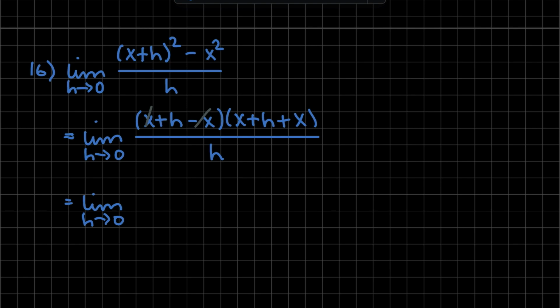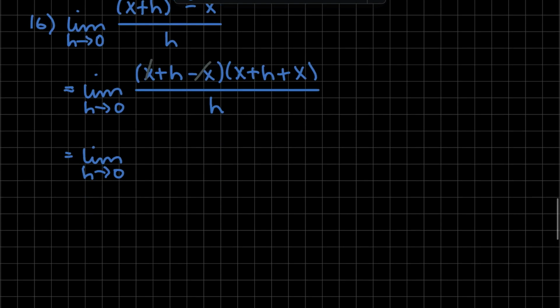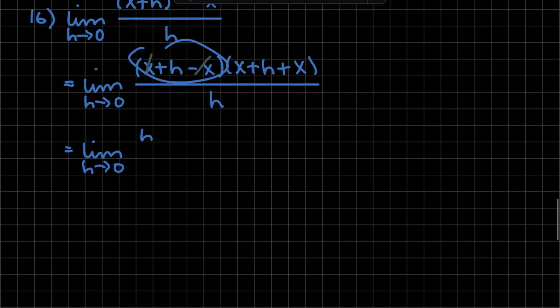And I forgot to mention this, but of course we can't use direct substitution because we'd have 0 in the denominator. So the limit as h tends to 0 of h, because that's all that's left over from this bracket, h times, and in this one we have 2x plus h. So 2x plus h, and then all over h.